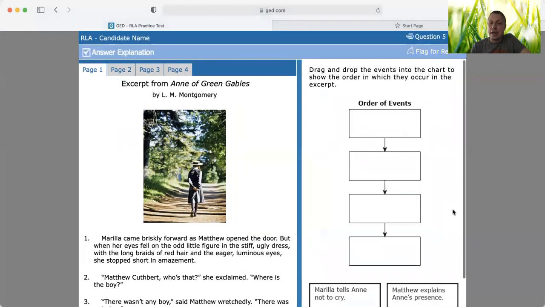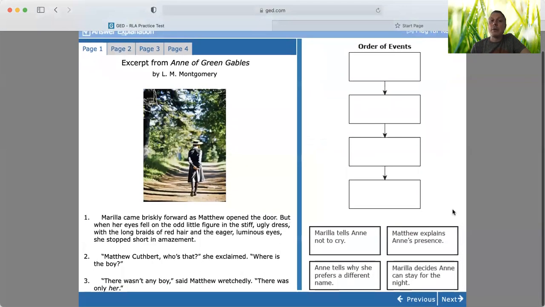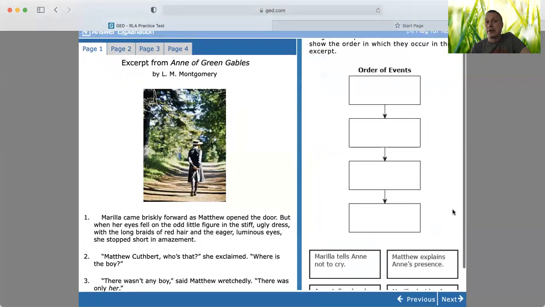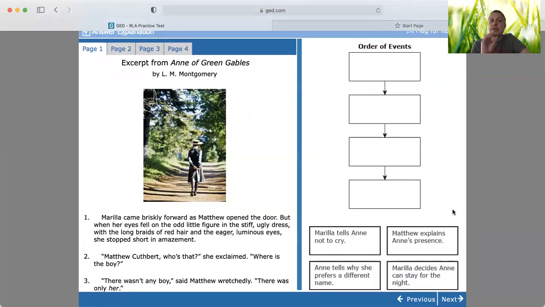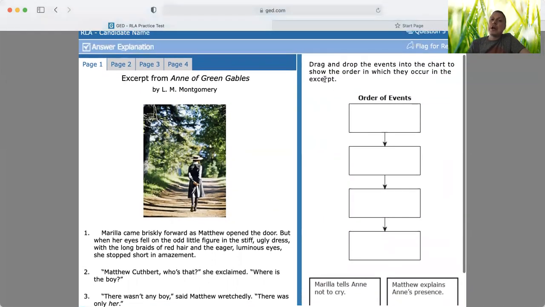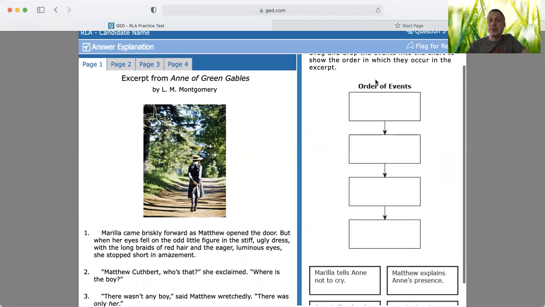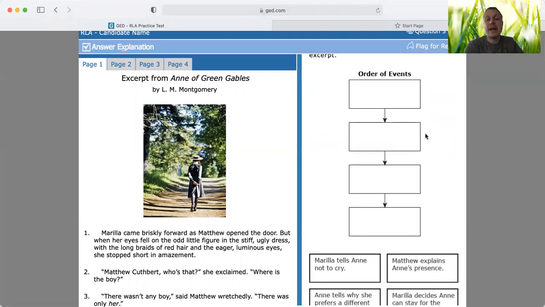Next question here. It's actually a very interesting one because it is a hotspot question where they give you options, then you have to take them and drag them into the locations. So for example, it says here, drag and drop the events into the chart to show the order in which they occurred in the excerpt. Meaning, once we read the event, we need to know what happened first, second, third, and fourth.